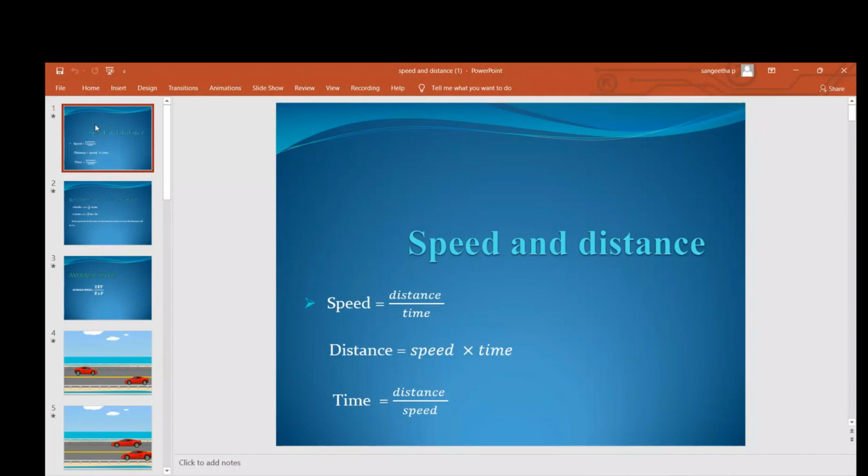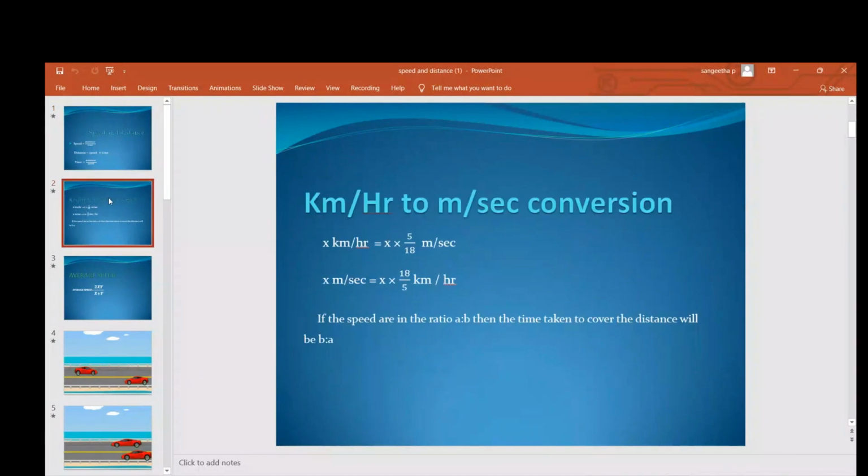Speed is equal to distance by time. Distance is equal to speed into time. Time is equal to distance by speed. Then the conversions: kilometer per hour to meter per second means multiplying by 5 by 18, and similarly, when converting meter per second to kilometer per hour, multiply by 18 by 5.